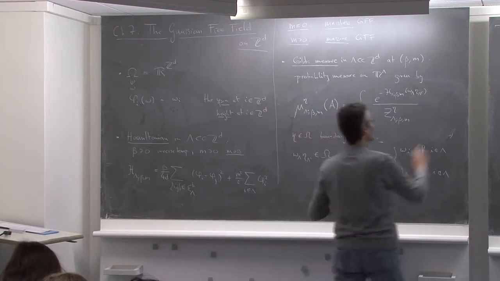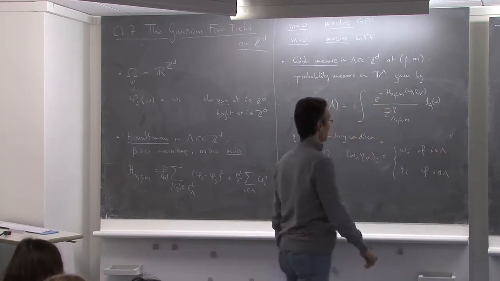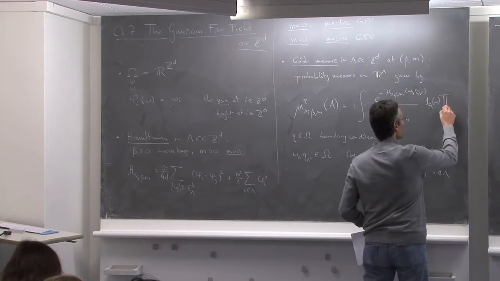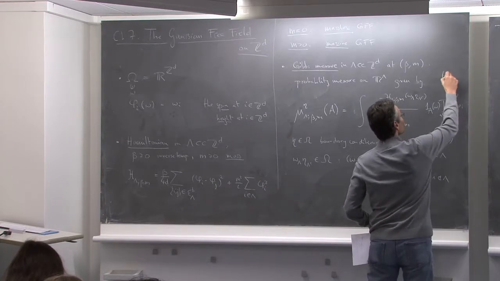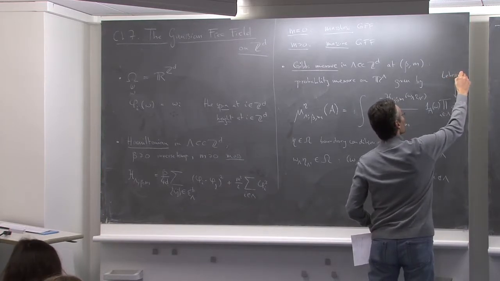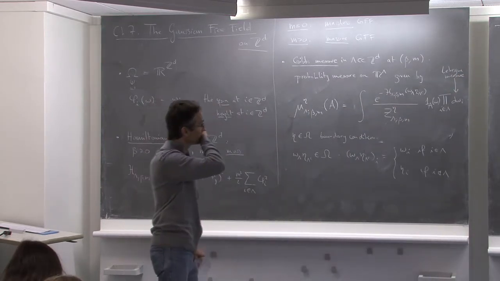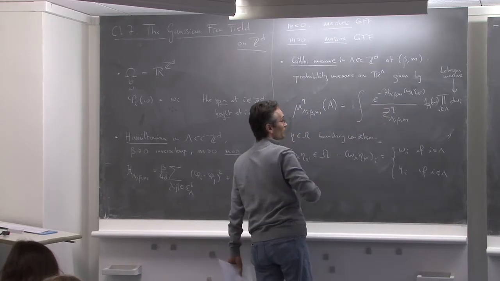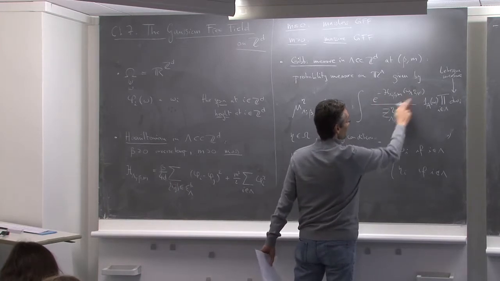Then I want to check that the event is satisfied, and then I just have the product over i in lambda of d omega i. These are just Lebesgue measures. So that's the probability that you associate to an event. It's the analog of what we saw in the Ising model. It has a density which is basically e to the minus the Hamiltonian.